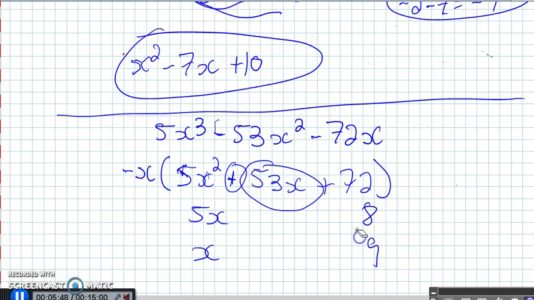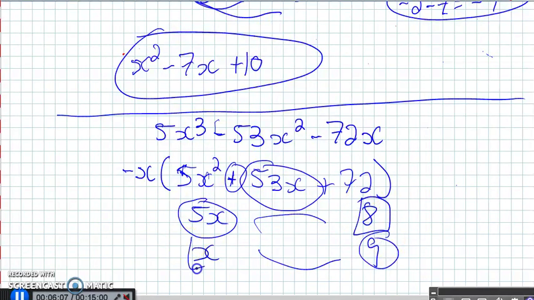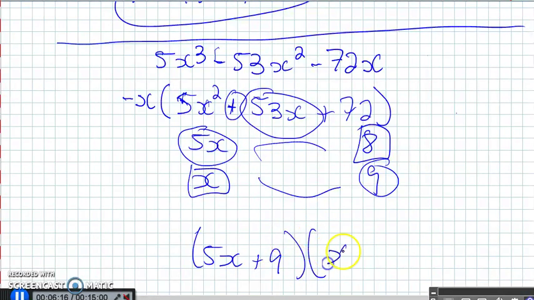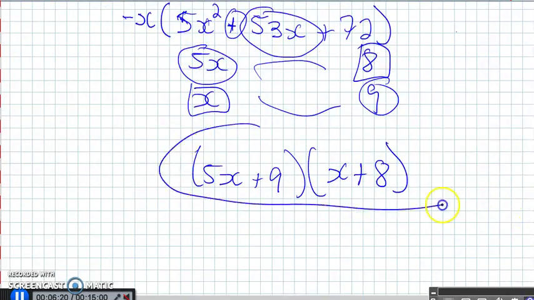Basically, you know that these two connect together, but you need to find the opposite, so you get the 5x and the 9, the 8 and the x. And what you do is you just put them in. So you do 5x plus 9 and x plus 8. This is your final answer.